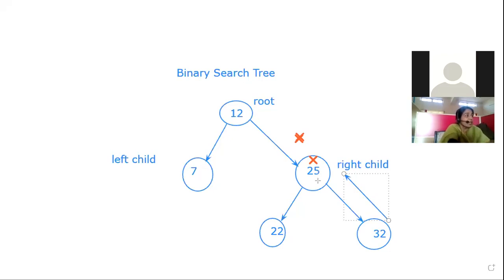Always when we perform an insertion or deletion, we have to check whether it violates the condition of the binary search tree, that is, the left child should have a value lesser than the root, and the right child should have a value greater than the root. Okay, so this is a basic idea for a binary search tree.